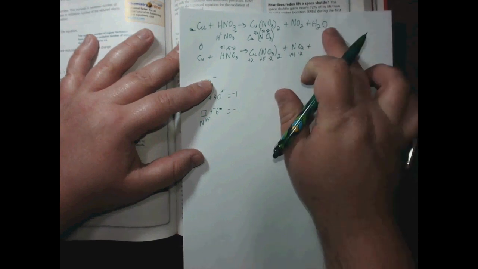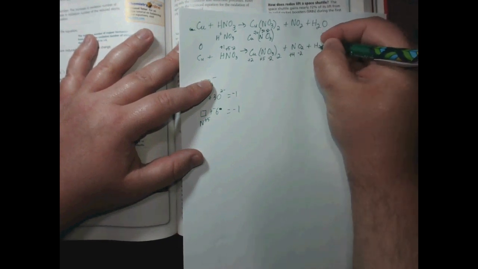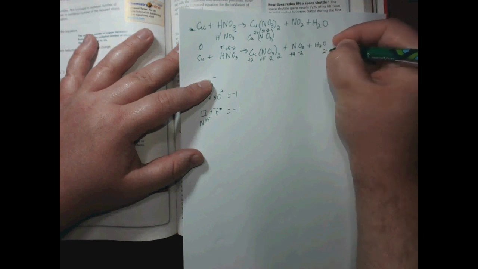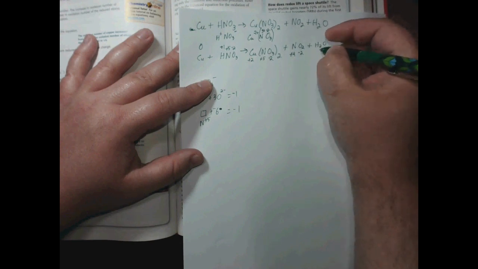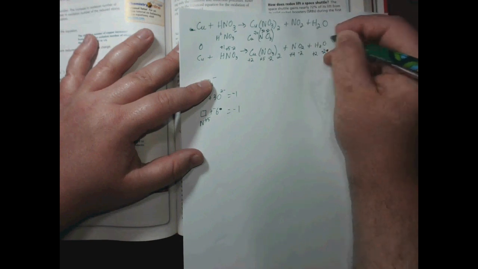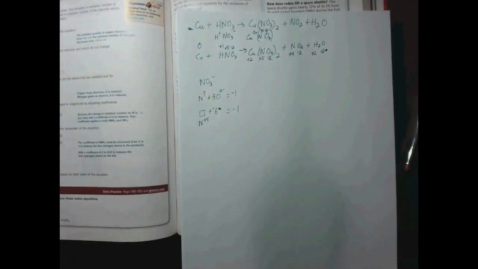And then H2O. O is 2 minus, so that's a negative 2 on the oxygen and a positive 1 on each hydrogen. Now, that's all their oxidation states for each element in these compounds.